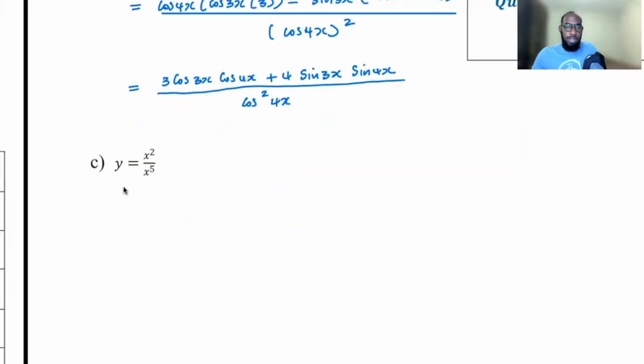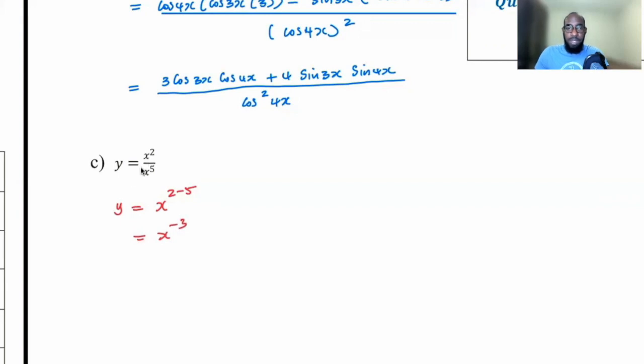So for this question, I can use the normal way. I can use the product rule, and I could use the quotient rule, and I should get the same answer for all of them. For the normal way, I can use laws of indices and say, okay, when you divide in the same variable, you subtract the powers. So it's x to the 2 minus 5, and that is x to the negative 3.